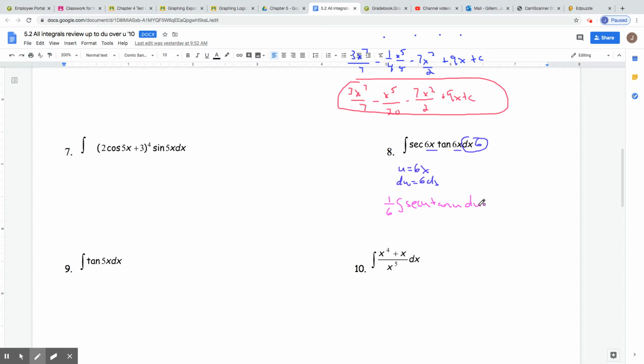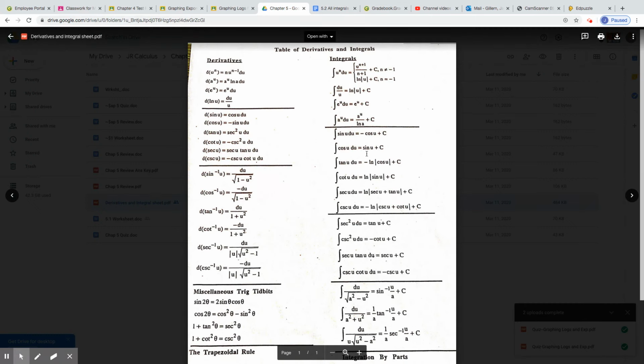All right, so this is where you got to be like, well, what's the integral of secant u tangent u? If you don't know, where are you going to look? You're going to look at your formula sheet. Remember, if you don't just look there. Yeah, there it is. So you go, the integral's always on the right side. You look, oh, there's secant u tangent u.